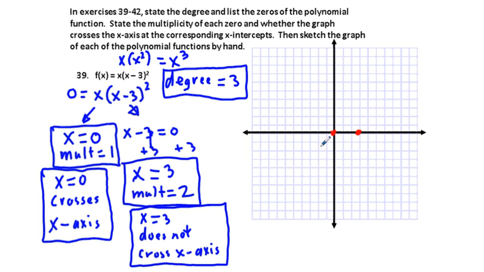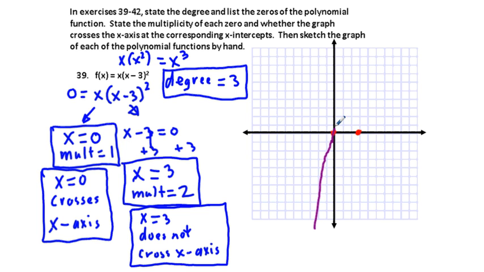And now we're going to use these zeros and this knowledge. So we have an odd degreed positive function. So we're going to start down in quadrant 3 and end up in quadrant 1. And what that's going to look like, we're going to come from way down here, from greater than negative infinity, and now at 0, it's going to cross the x-axis.